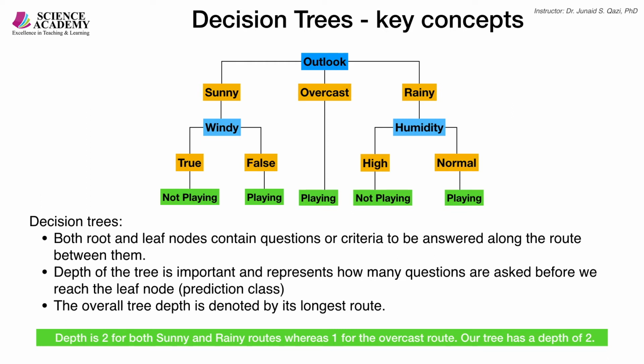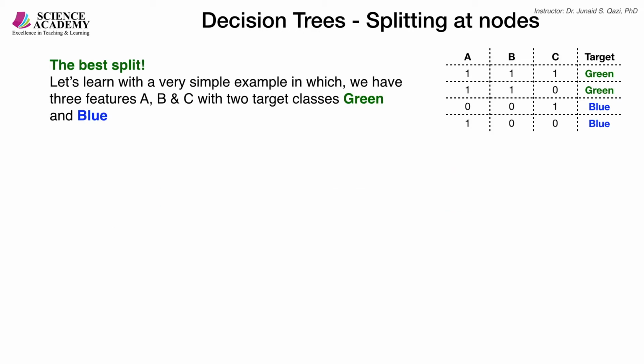Another thing we notice in the tree is splitting at the nodes. A relevant and most important question is how to decide a split, which is the best under given circumstances. So our concern is to find out the best split. Let's learn with a simple example where we have three features A, B, and C, and two target classes, green and blue.